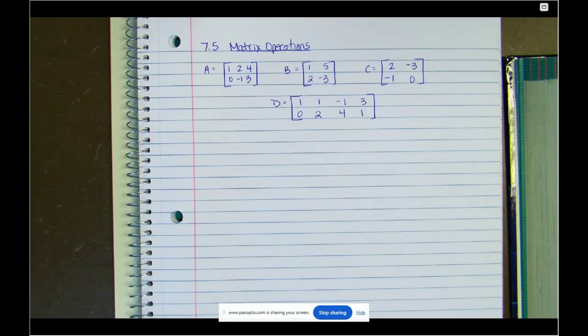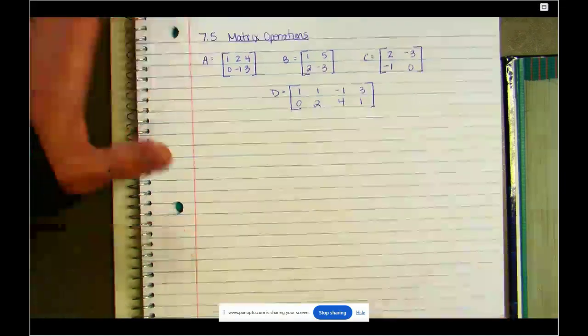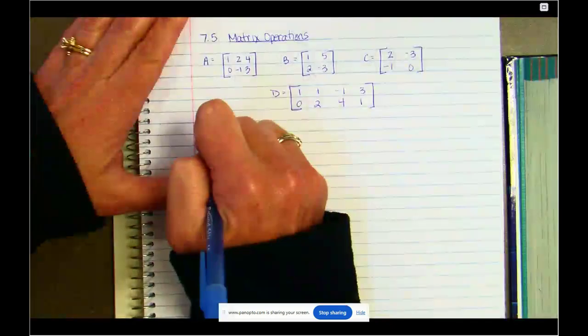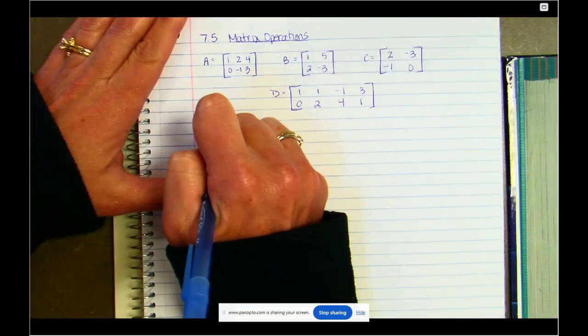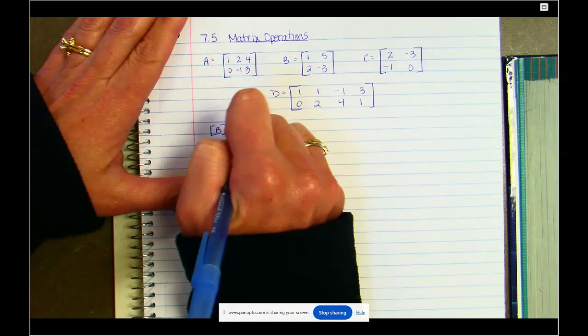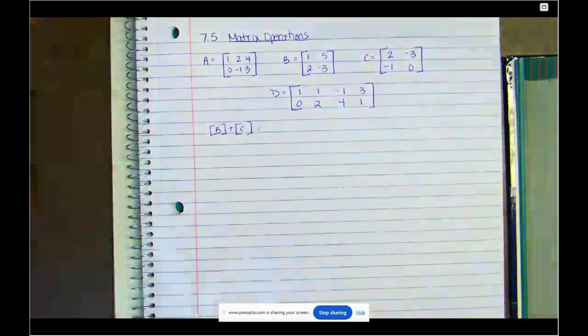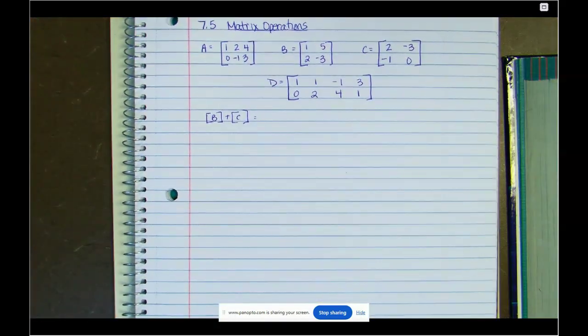So there are some things in math that are pretty logical. Once you realize what a matrix is, you should be able to add and subtract one pretty easily. So, for example, if I asked you to do B plus C, what do you think the first row would be?